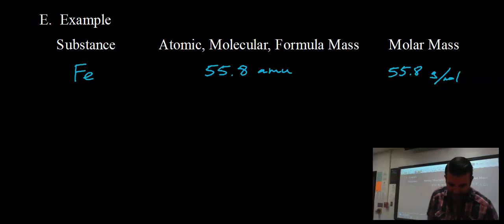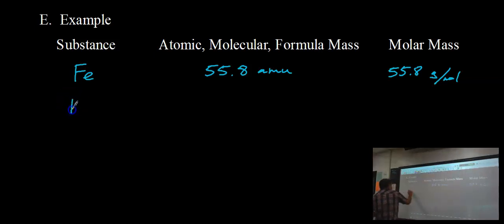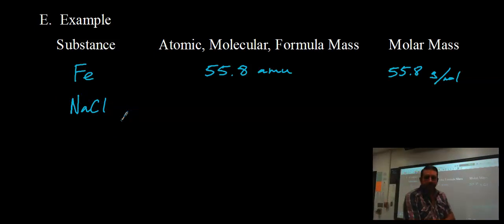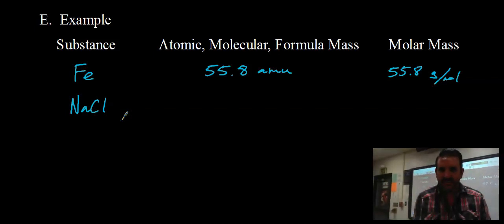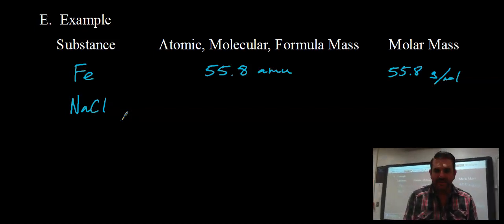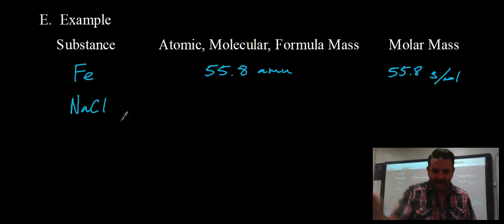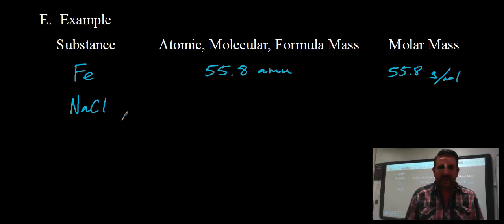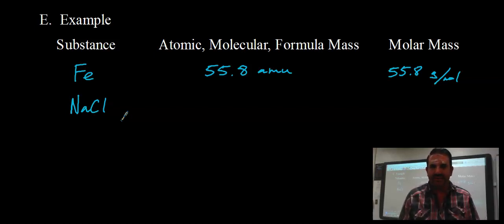Let's try another substance. Sodium chloride is an ionic compound, so we're going to call it formula mass. So take a look at the periodic table, use your calculator, and determine the formula mass, the mass of one formula unit of sodium chloride.